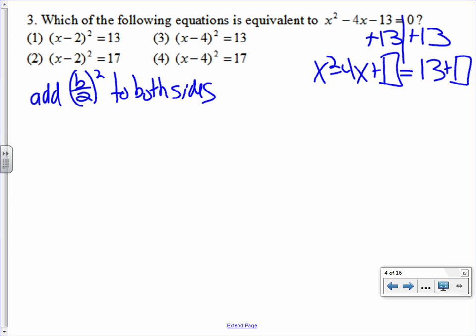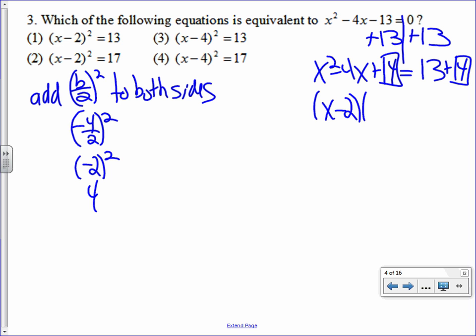So b over 2 squared is negative 4 over 2 squared, which is negative 2 squared, which is 4. So I now factor and then rewrite it as a binomial squared. x minus 2 squared equals 7.